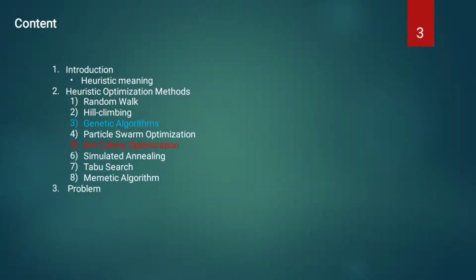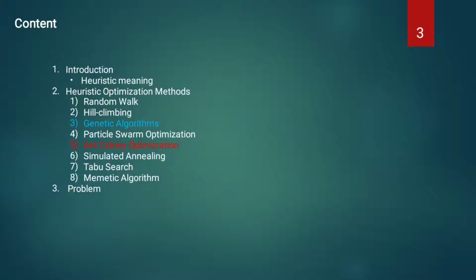Here are our contents, divided into 3 parts. The first part is the introduction, the heuristic meaning. I know that all of you have learned it already, but I need to repeat it one more time for you to fully understand what heuristic means. The second part is some heuristic optimization methods.